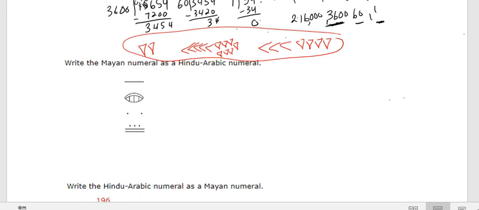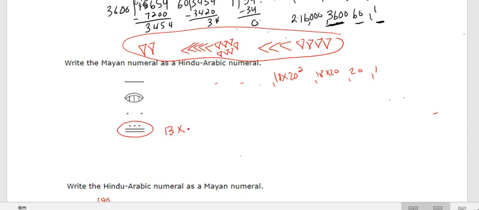Write the Mayan numeral as a Hindu Arabic numeral. So for the Mayans, remember the place value is 1, 20, 18 times 20, 18 times 20 squared, and so on. So the first level here, we have 5, 10, 11, 12, 13.